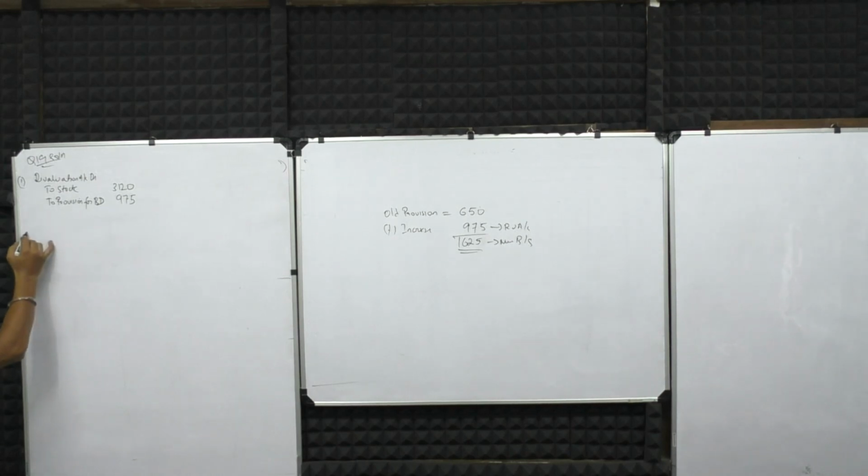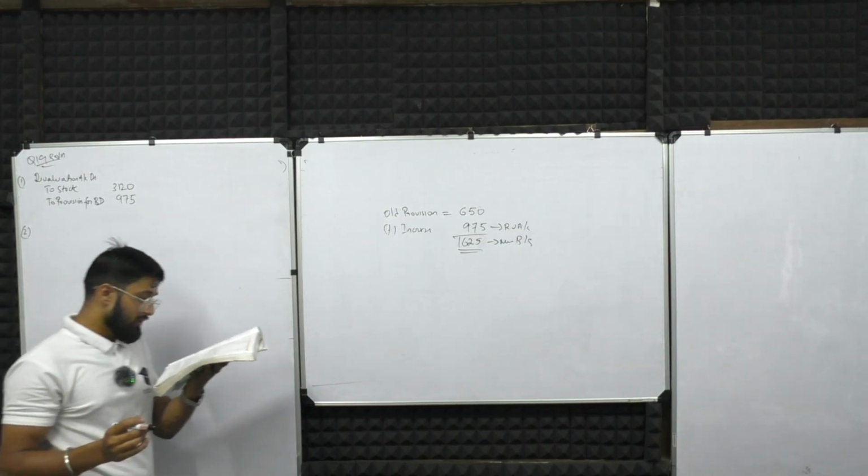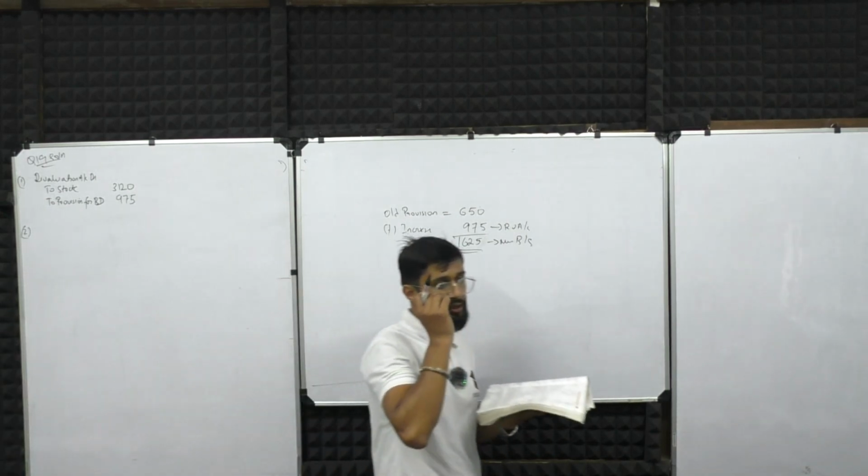Entry number 2: land and building be appreciated by 20%.